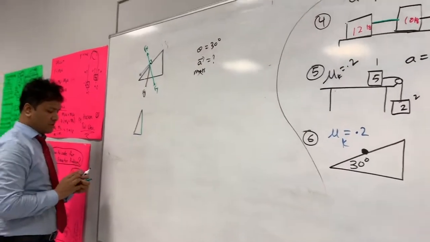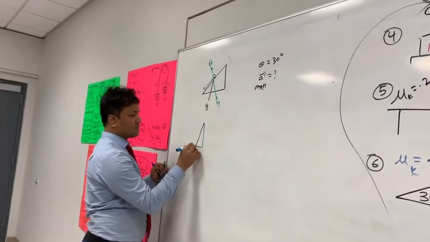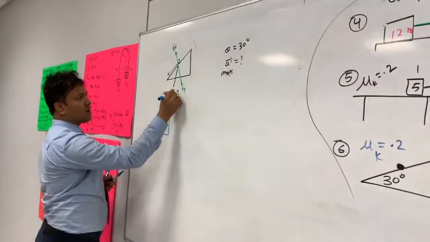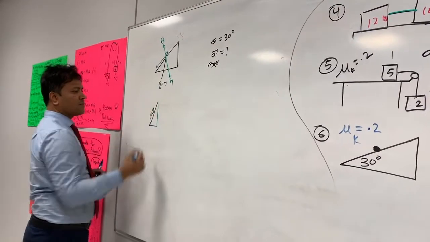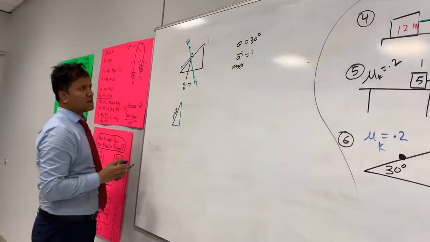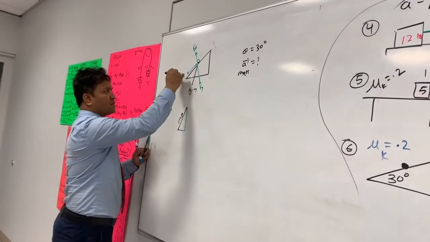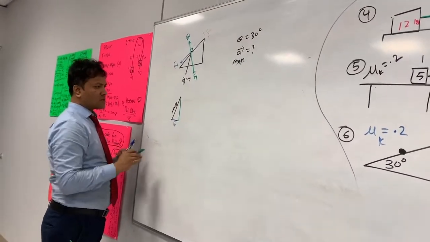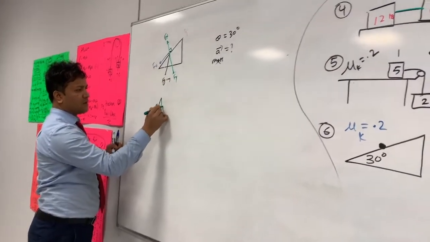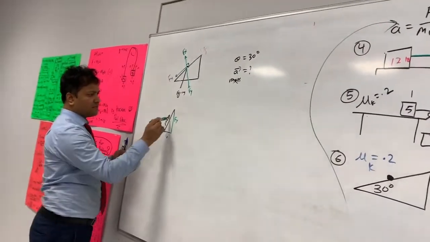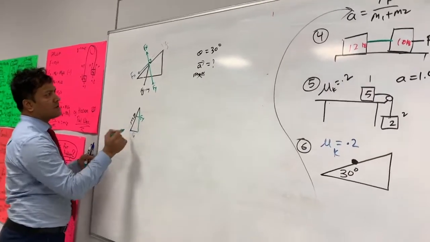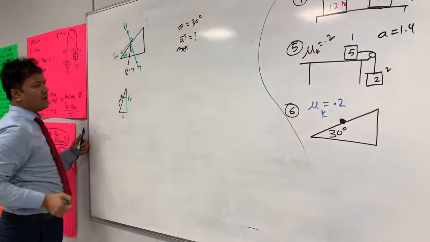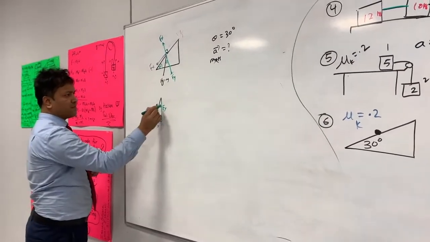So what I have essentially is a right triangle. The black one is Fg, which can be called mg. The blue one is Fx, and the green one is Fy. And this is the angle, 30 degrees, theta.